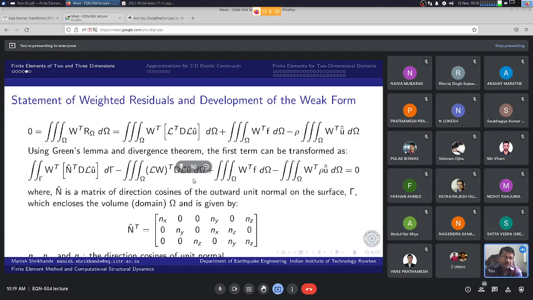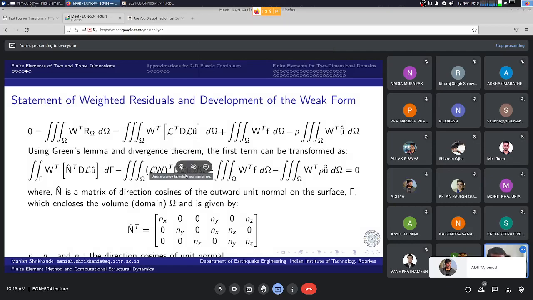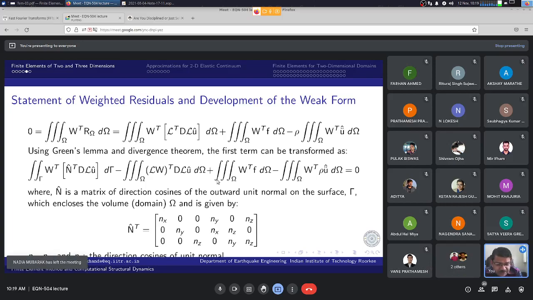Displacements are interpolated in terms of values of the displacements at nodes or primary variables at the nodes of finite element, and that provides us continuous variation of u hat, the approximation over the entire element domain.